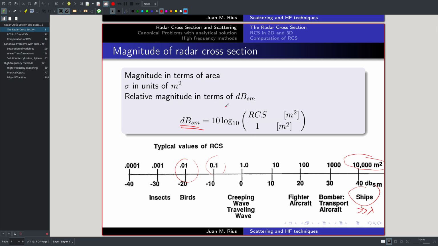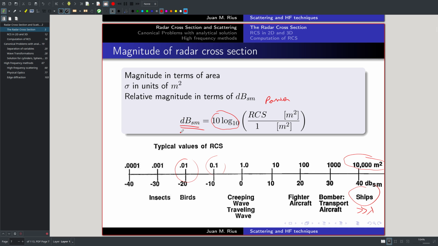Of course, we have to use 10 logarithm because it is a power magnitude, and since it is a power magnitude, you know that you have to use a 10 logarithm. And the name of the unit is dB square meter, dBsm.